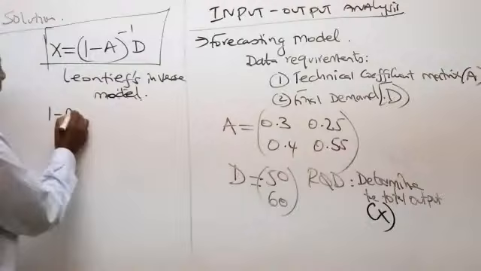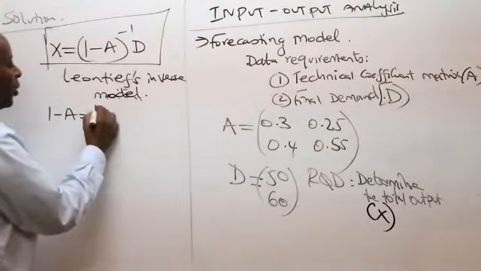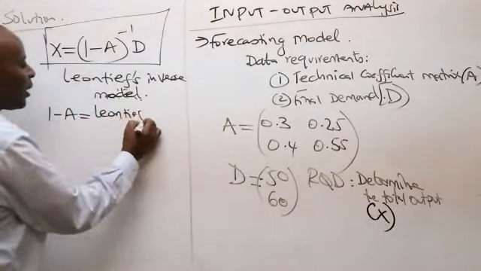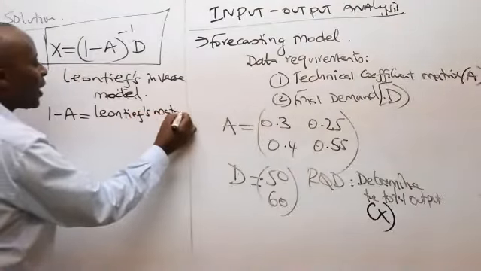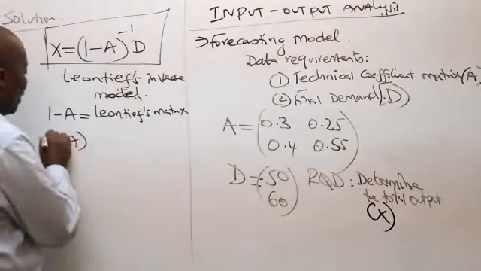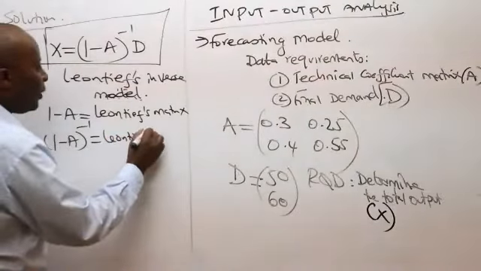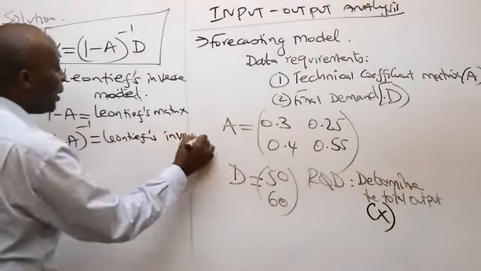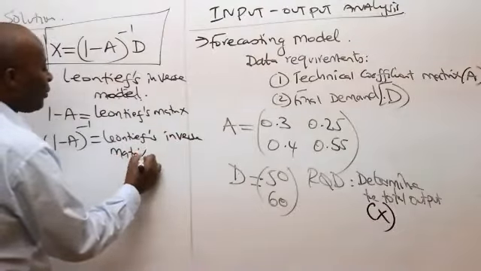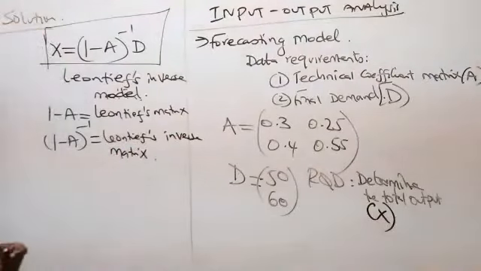It is this I minus A that we call the Leontief's matrix, and then we have (I minus A) inverse, which will be the Leontief's inverse matrix.